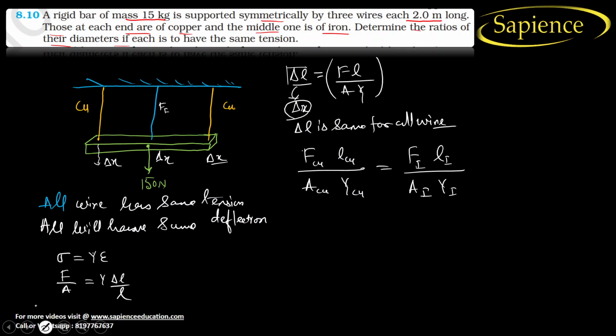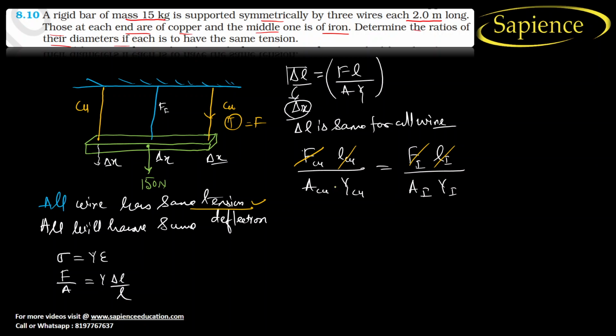Now let us see what we need to cancel here. Since tension is the same, tension means the force or the load. Load is equal to force. So force is the same, so force will get cancelled out. Length of each wire is also the same, so length will get cancelled out.